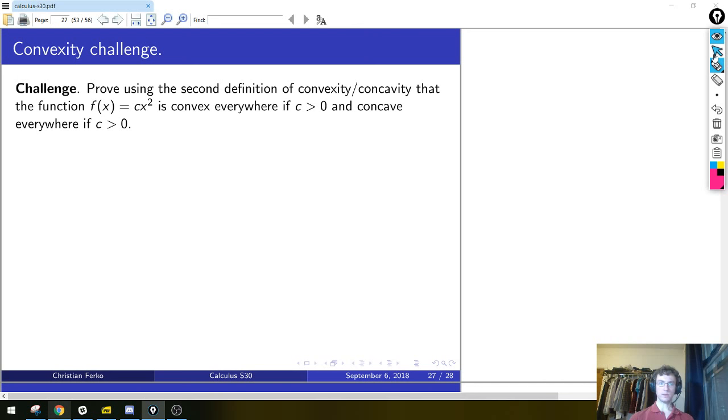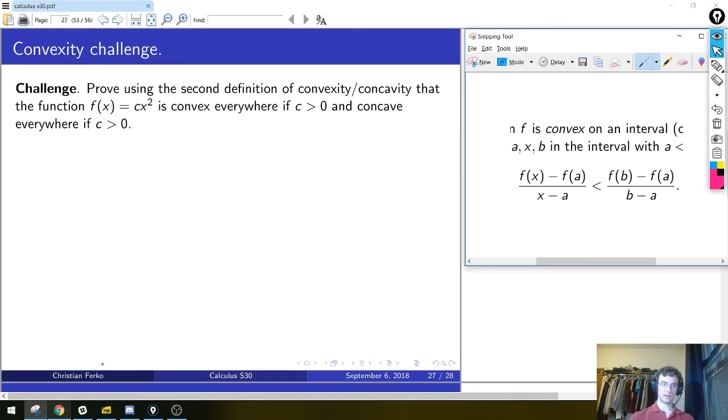So I'll remind you of the definition, and then ask you what we should do to start that proof. I guess we could start by, let's see.